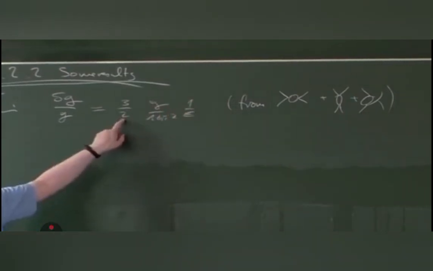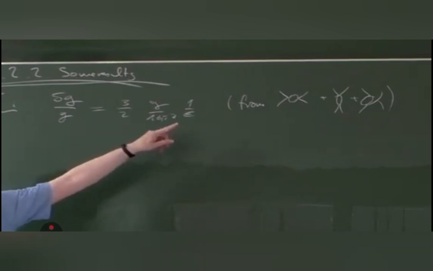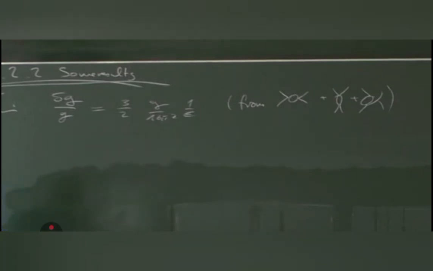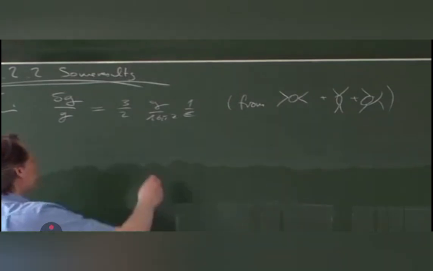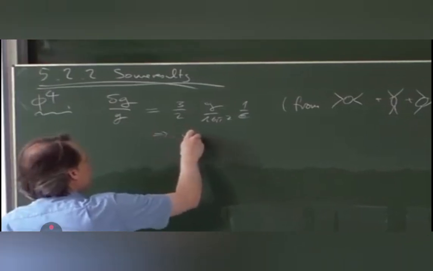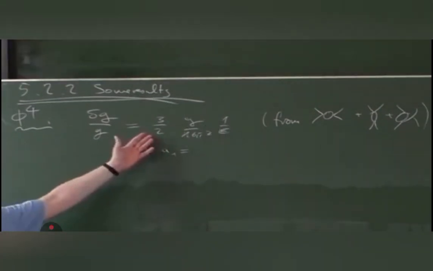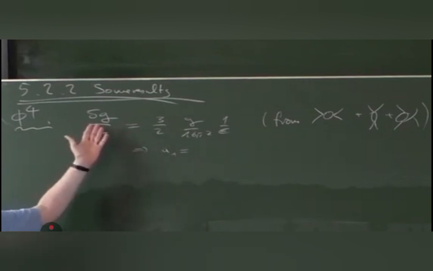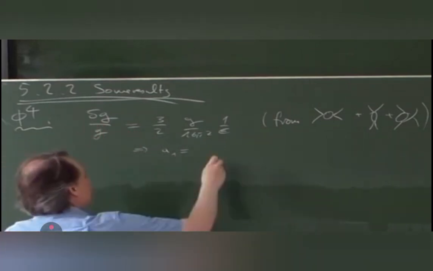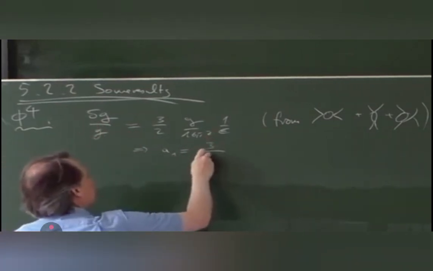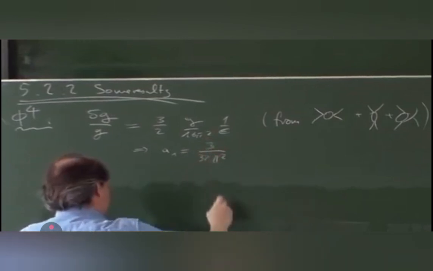The 1/2 comes from a symmetry factor that appears in all these 3 diagrams. So in this particular case, our coefficient A1, which is the 1 over epsilon coefficient of this δG over G, is given by 3 over 32π² times G.